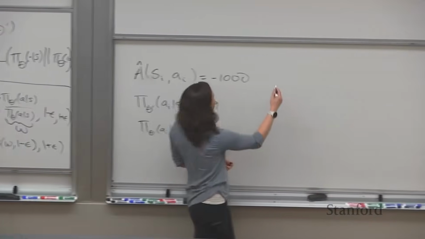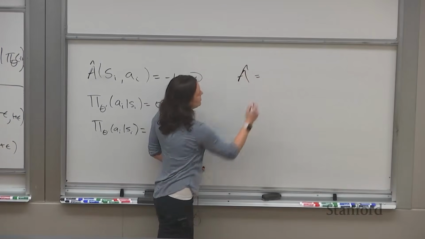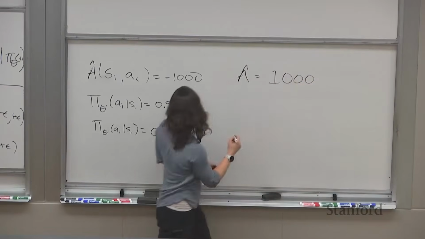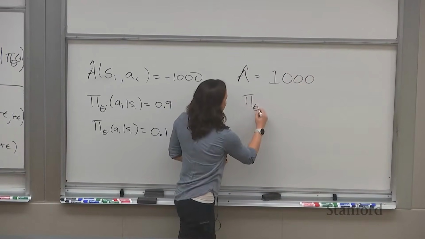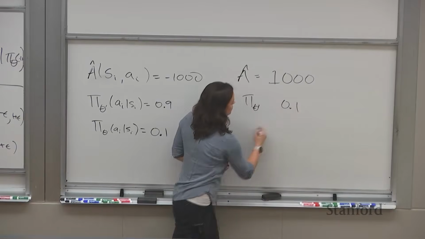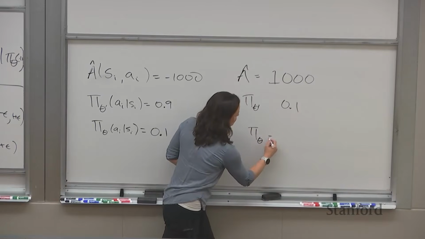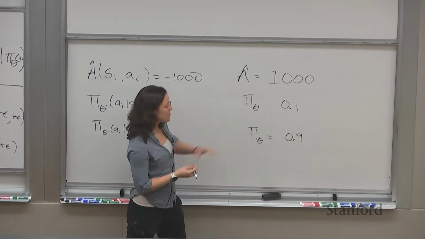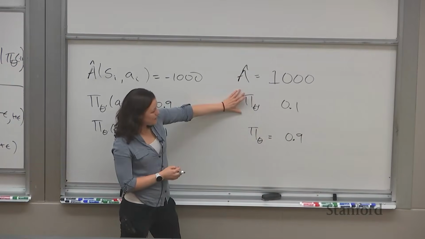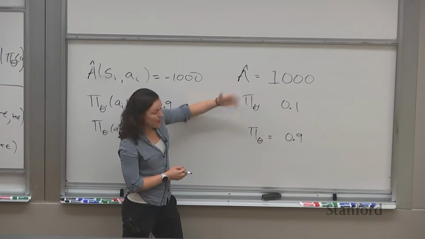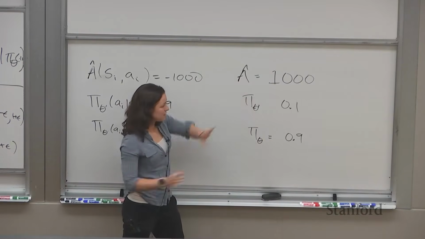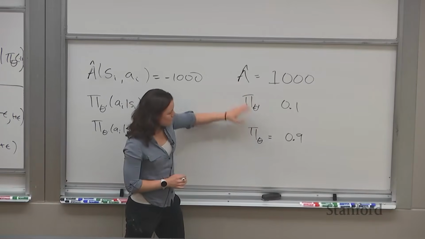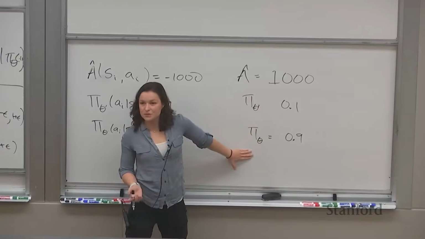For example, if A hat for a given state and action pair is +1,000, and the new policy assigns 0.1 and the old policy assigns 0.9, then if you did this by accident, or if it happened to do this as part of optimizing other data points, now the ratio is going to be 1/9, which is very small.